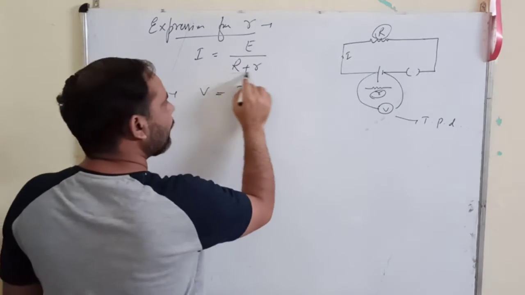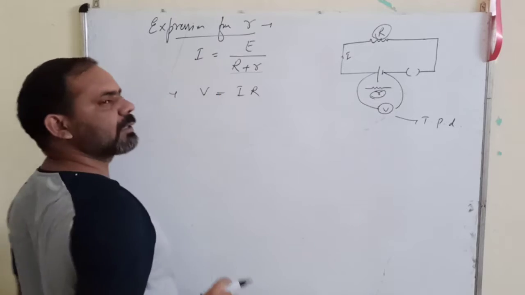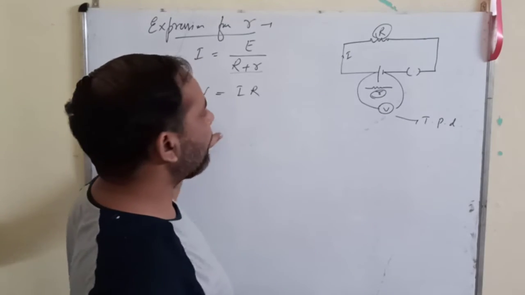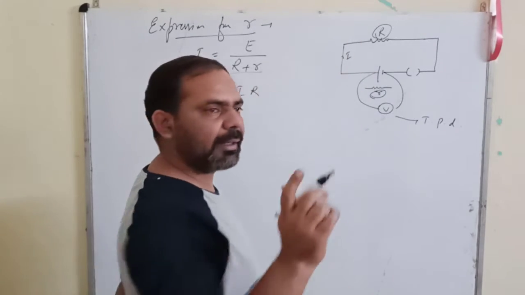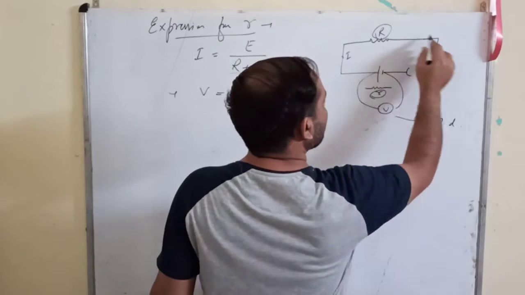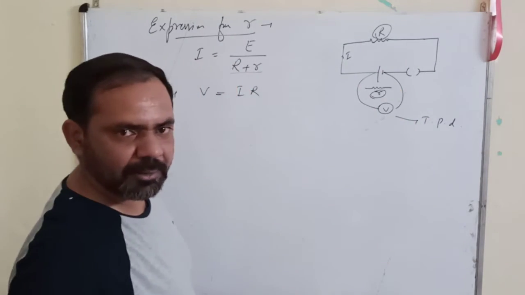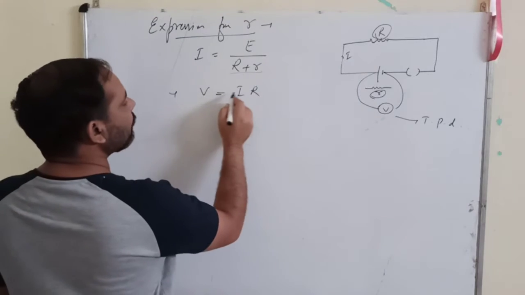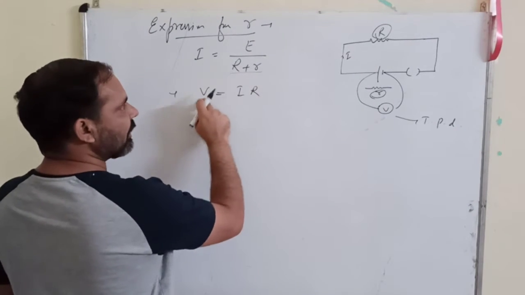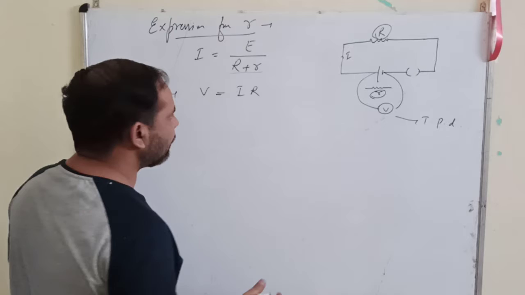That's why we write R plus r in the current. If you are measuring only the terminal potential difference, it means only the external circuit's resistance. So V equals IR. This is the terminal potential difference, and this is the EMF of the cell.